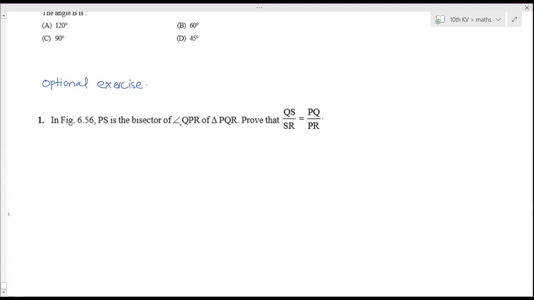PS is the bisector of angle QPR of triangle PQR. Prove that QS by SR is equal to PQ by PR. So first we have to take triangle PQR and draw it. This is called the angle bisector theorem.